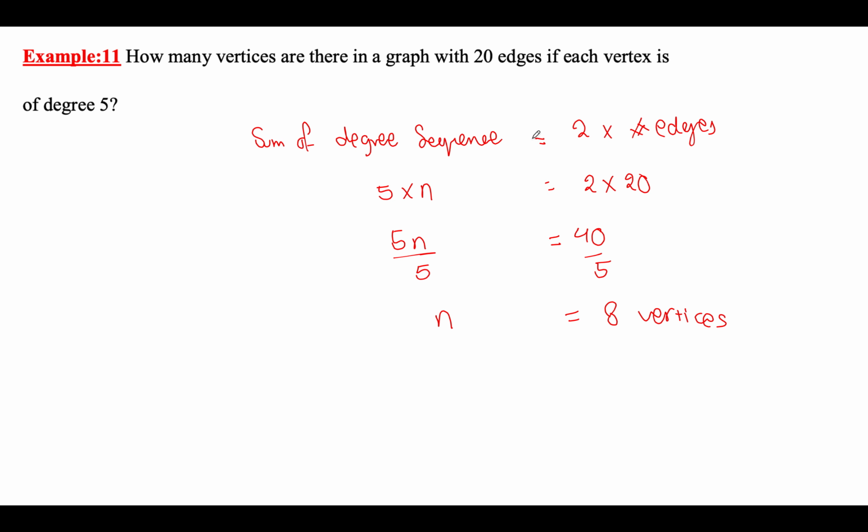So from the rule, we can find the n, or the vertices of a graph, if they all have the same degree. All right. Now let's move to the types of graph. Basically, I have two main types of graphs.